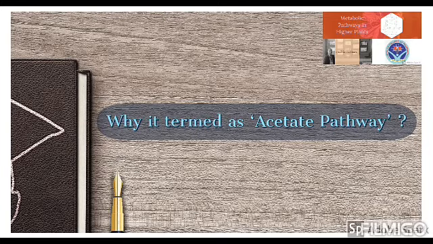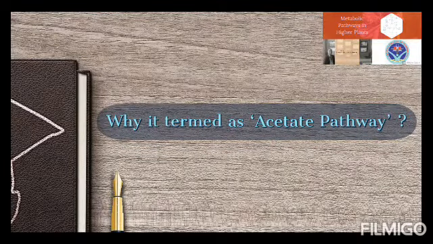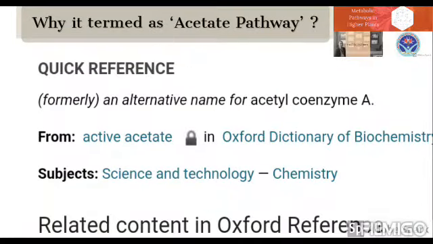This is because the starting material for this pathway is acetyl coenzyme A, which was formerly called active acetate. It is just like Kolkata, which was formerly called Calcutta.